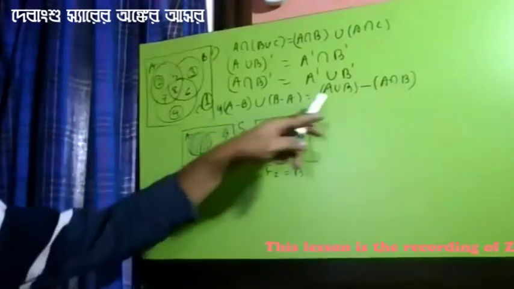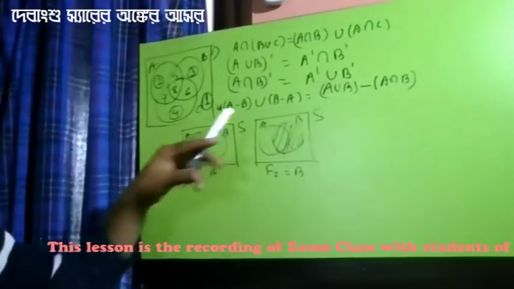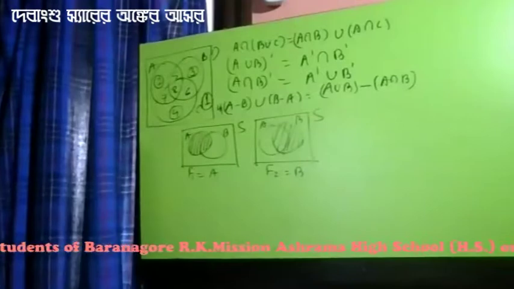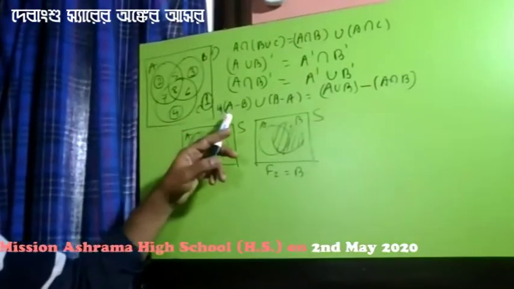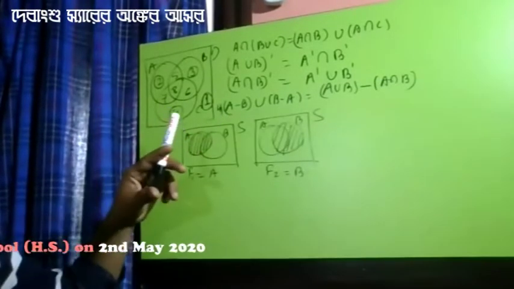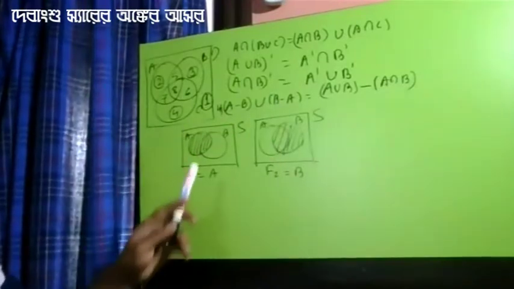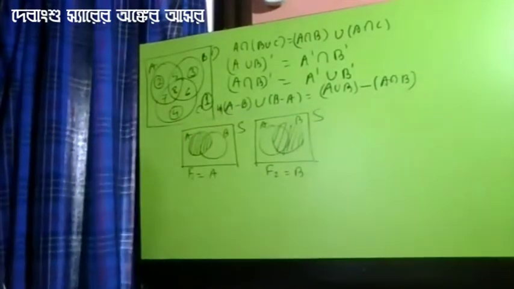This sum contains two sets A and B, so I have to draw the two sets A and B first. Next, to construct the left-hand side set, I have to construct A minus B and B minus A. Then I have to take their union.